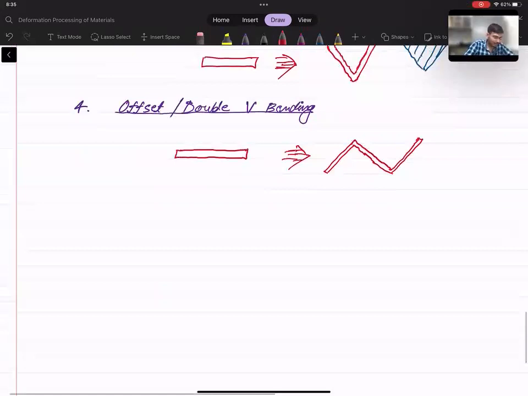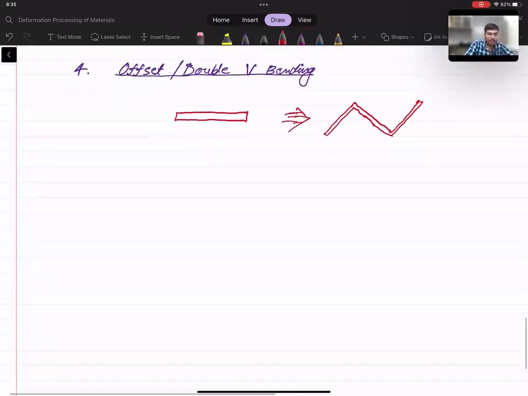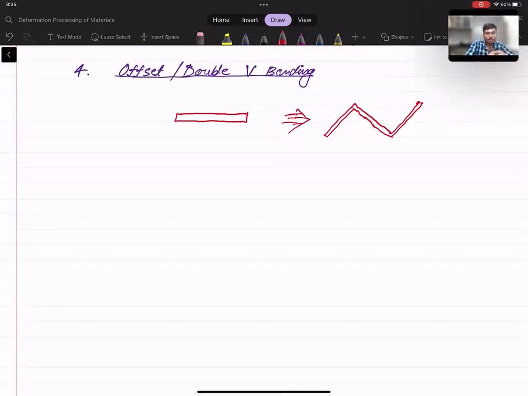Now, next one is the edge bending, and as the name suggests, the blank will be bent at some edge, and a section like L shape will be formed. So next one is edge bending.